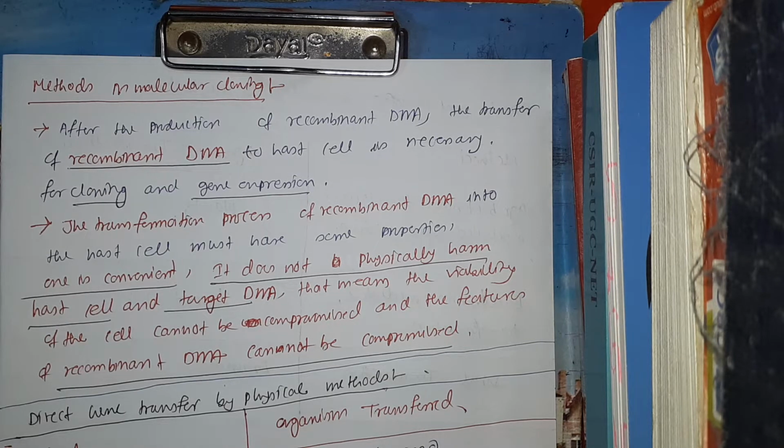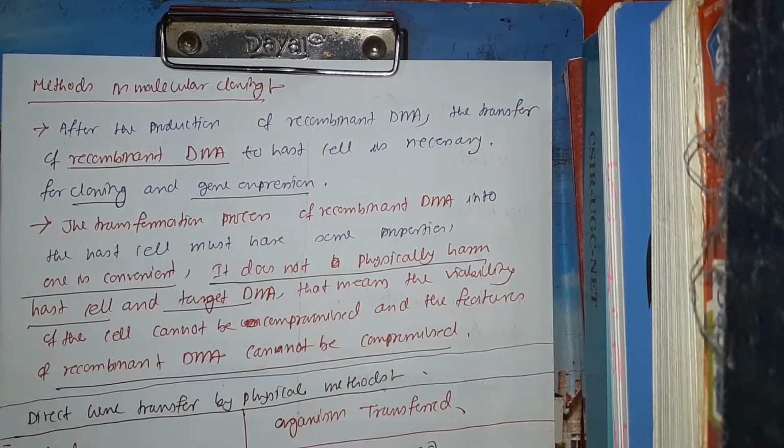So in this video we are going to start a new chapter, that is methods in molecular cloning. If you remember, in the first video of recombinant DNA technology, where I talked with you about the big picture, I mentioned that once the recombinant DNA is produced by attaching the gene of interest with the vector, we need to transfer our recombinant DNA to the host.